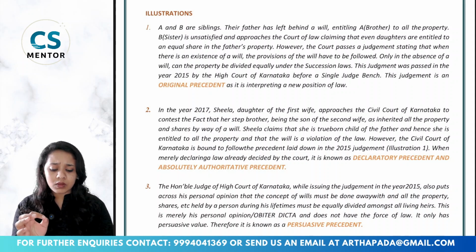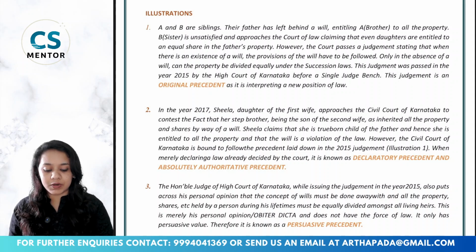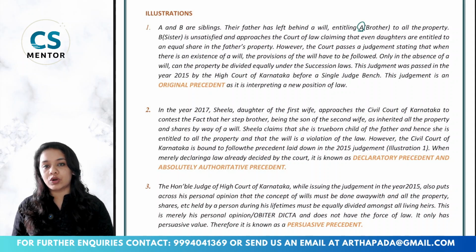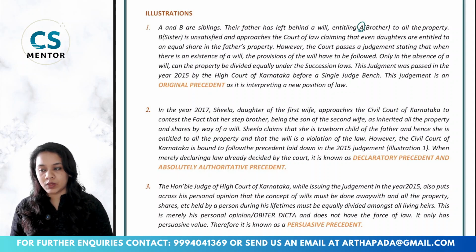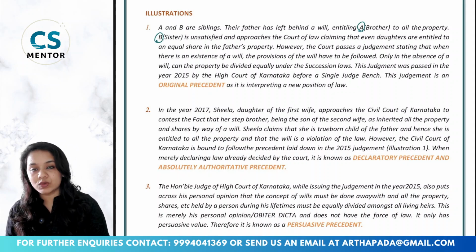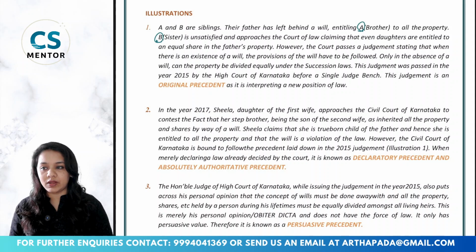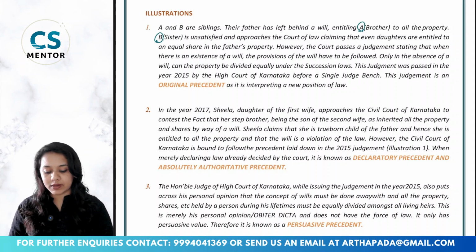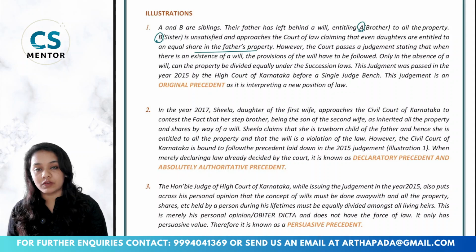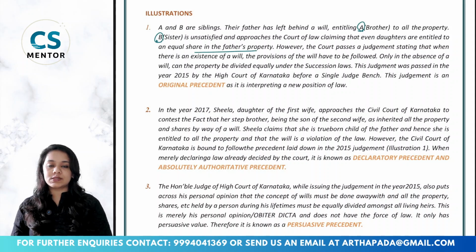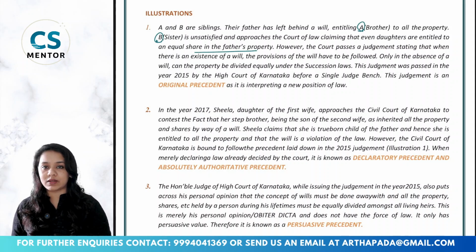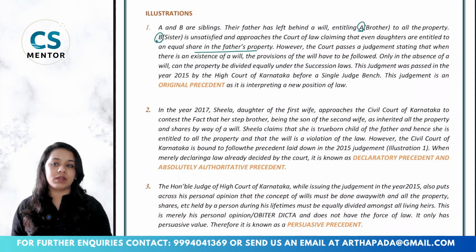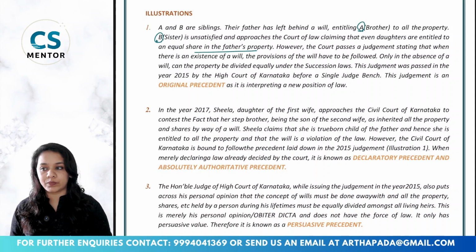The will basically says the brother A shall get all the property of the father, whereas B, who's the sister, is unsatisfied and approaches the court, claiming that even daughters are entitled to an equal share in the father's property. So the sister is the one contesting the will, saying that this will is invalid because even women should get an equal share in the property of the father.